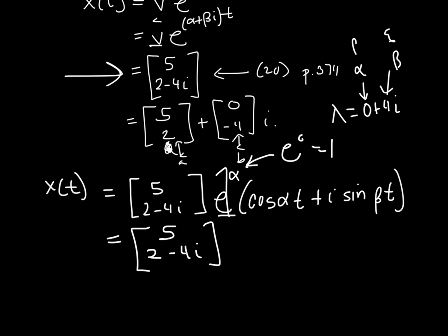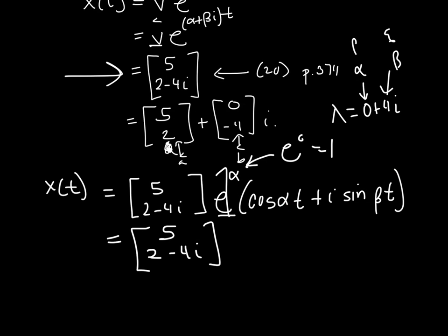Let's insert our cosine, and I have to be careful here. This is not alpha, this is beta, otherwise we will get the wrong answer. So this should be beta, and this one's okay. We have cosine of beta t, which is cosine of 4t, plus i sine of 4t.